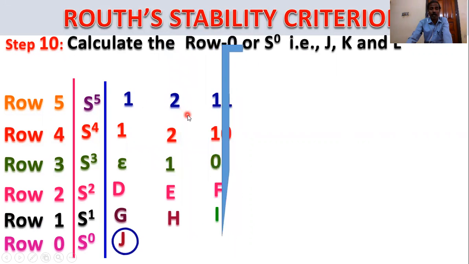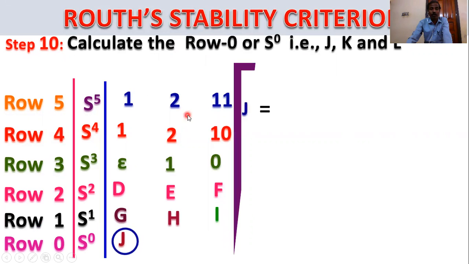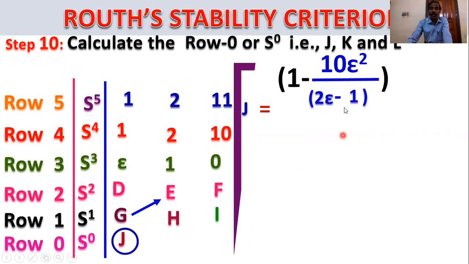Calculate J equals G into E, minus D into H, divided by G. This is the value of G already discussed: 1 minus 10 epsilon square by 2 epsilon minus 1. This is the value of G into E, where E equals 10.